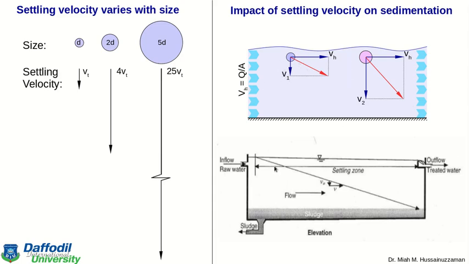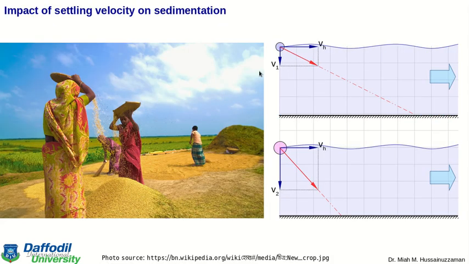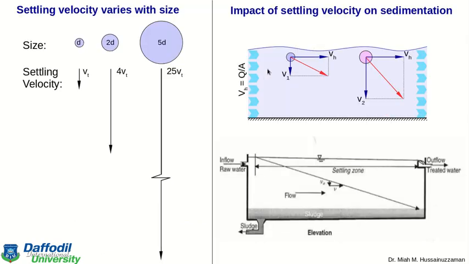And this is a popular figure represented in all books, and this is another figure. This is a large particle, it has a higher settling velocity, and a small particle has a smaller settling velocity. But for both particles, when in a stream or in a treatment plant, they also have another velocity, called the velocity of the current of the flow. That means the flow velocity, that is horizontal.